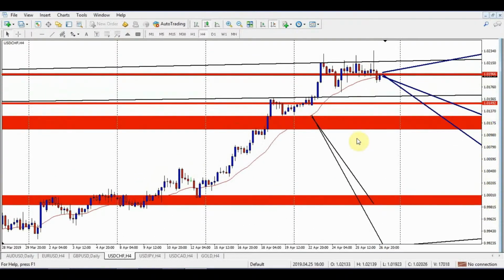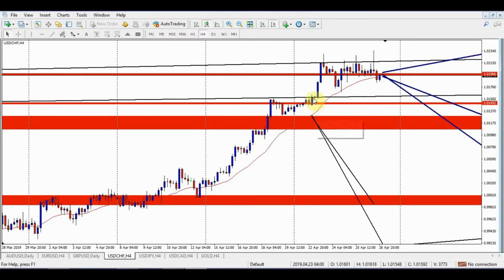But what I also said was, if I don't see a break of my 21 moving average, I won't be looking for a sell trade, and that clearly did not happen. So I wasn't inside that trade.